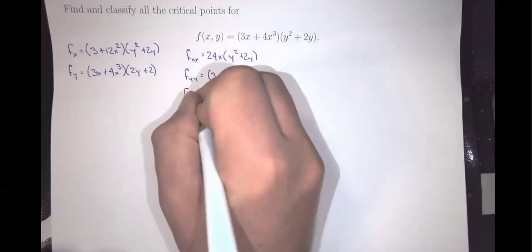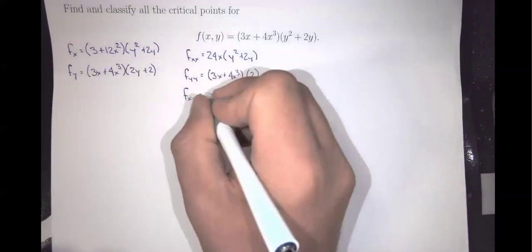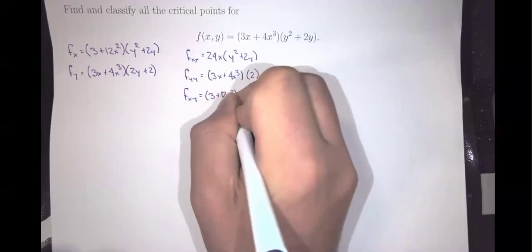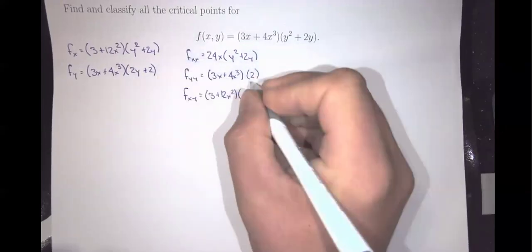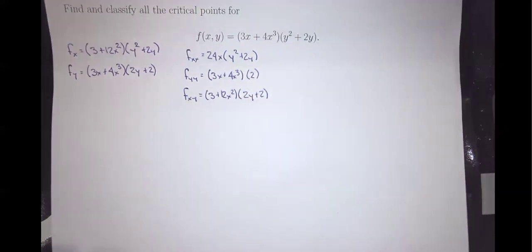And our cross derivative of this guy with respect to y, we've got (3 + 12x²) times this derivative, which is (2y + 2). Great.